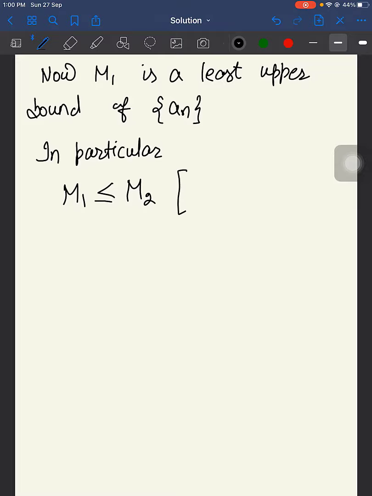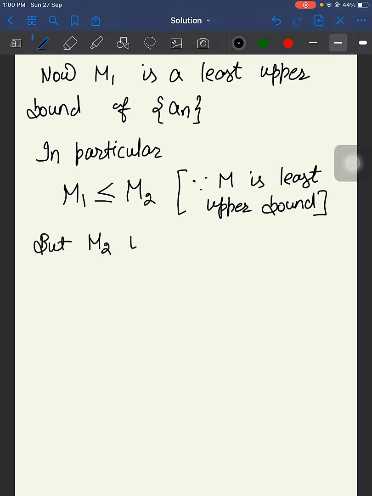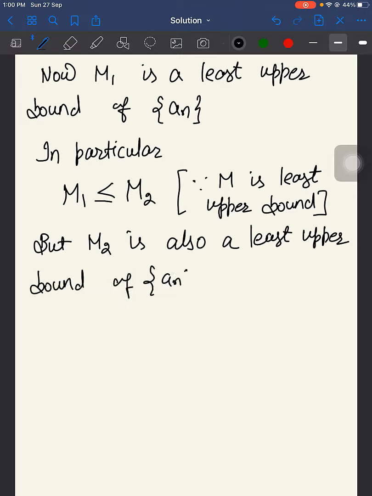Why? Because M1 is the least upper bound, so it has to be less than or equal to every other bound of the sequence. But the same applies to M2 as well. M2 is also a least upper bound of An.